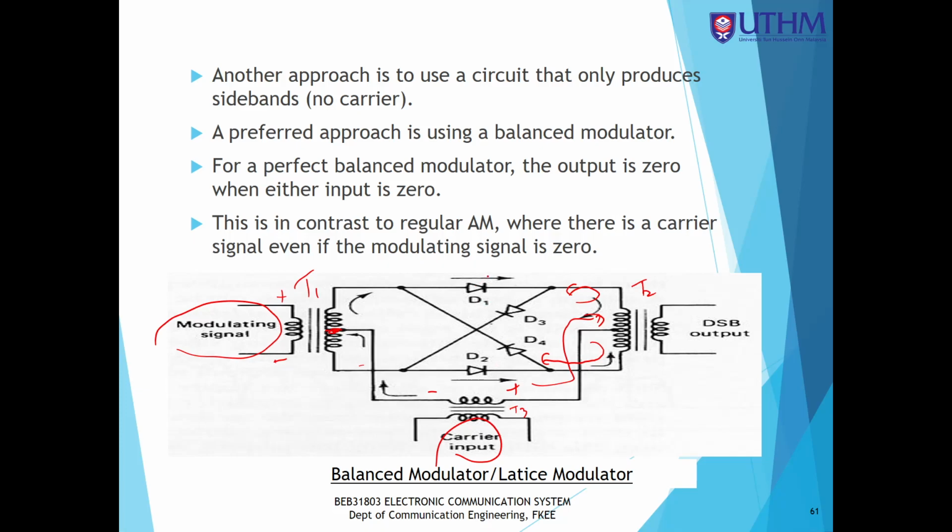So D1 and D2 will reverse bias or switch off. D3 and D4 will forward bias or switch on. So it will go to the output, but at a different polarity.